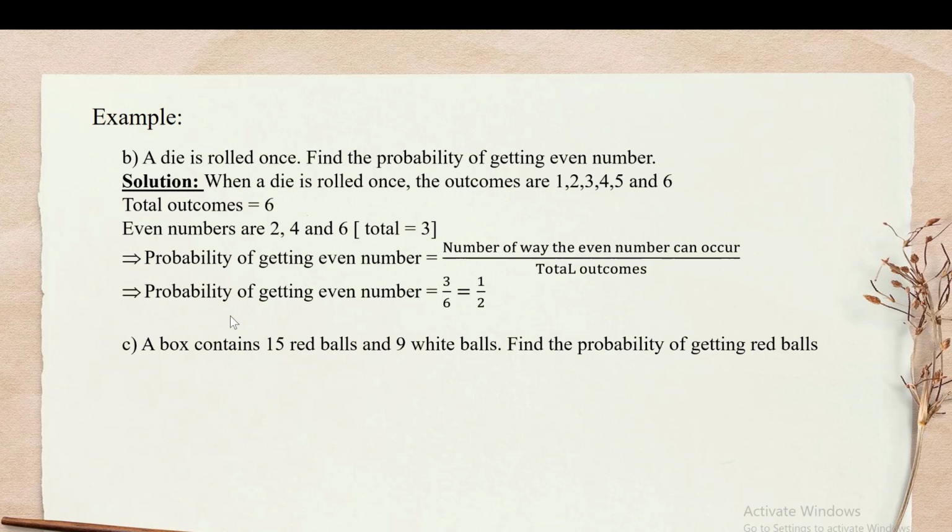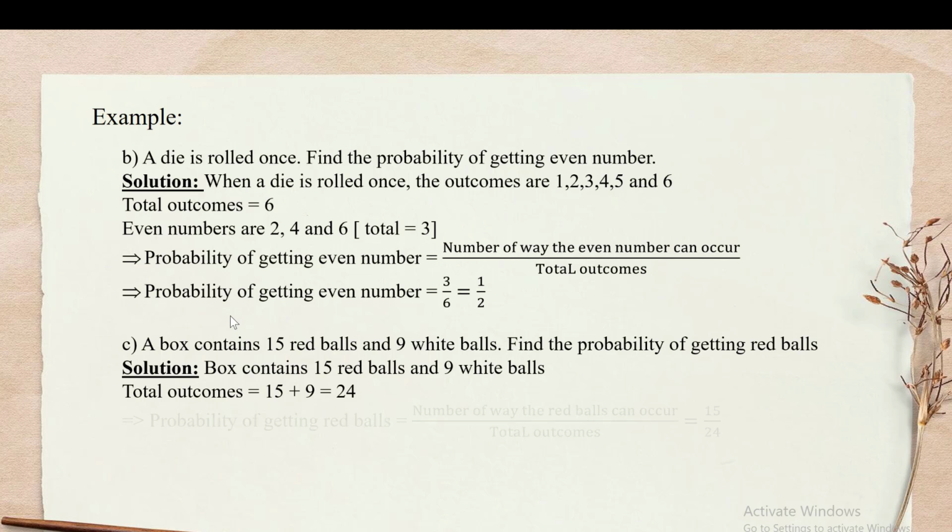C. A box contains 15 red balls and 9 white balls. Find the probability of getting a red ball. Solution: the box contains 15 red balls and 9 white balls. Total outcomes equal 15 plus 9 equals 24.